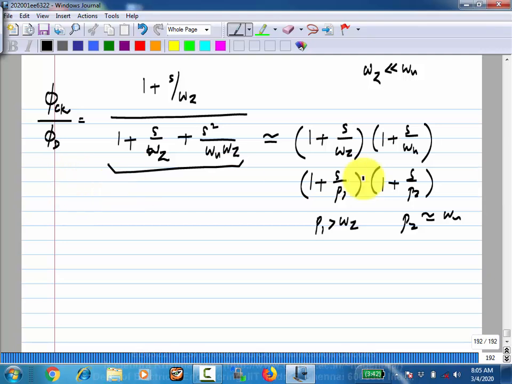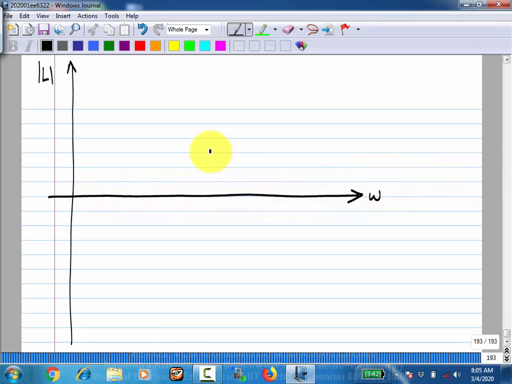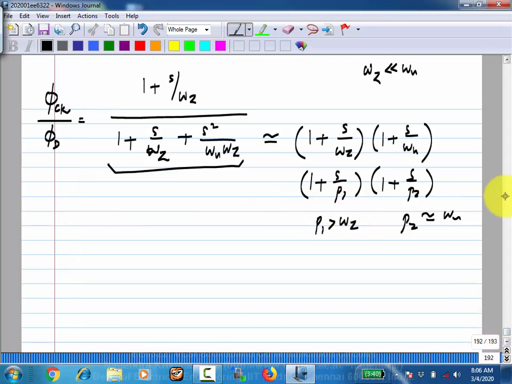So first of all, what will the shape look like now? Let me plot everything on the same plot. This is the magnitude of L versus omega. The magnitude of L looks like that. This is omega u and that is omega z. Now from this expression here, assuming omega z much smaller than omega u, using the approximation, what will phi ck by phi d be?